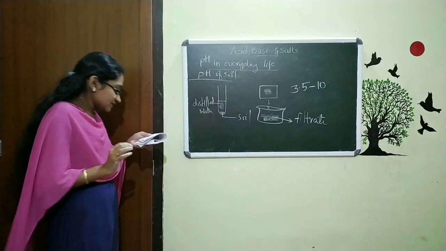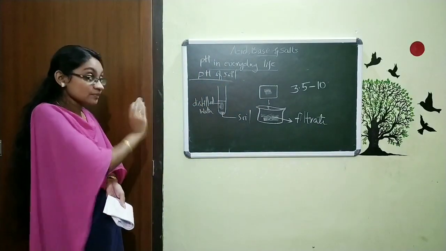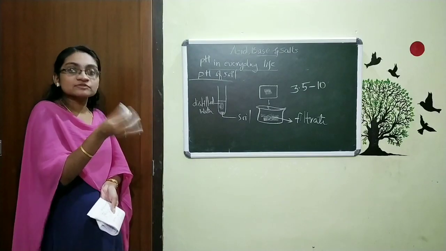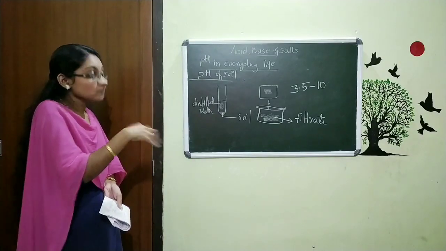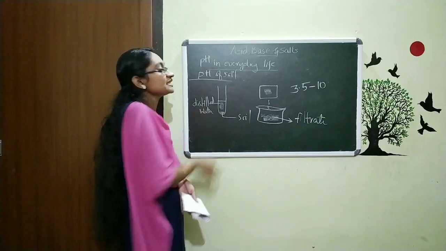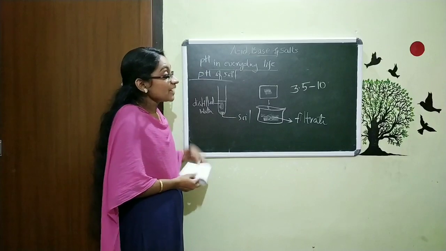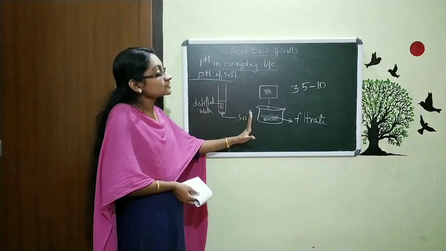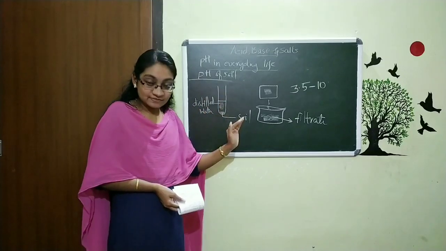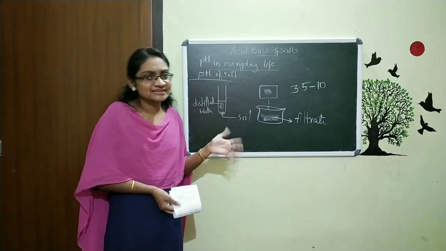So that is about this, and this is important. Some soil is not favored for some sort of cultivation or farming. At that time, we collect some soil and test the pH of the soil, and if the soil is more acidic, we want to make the acidity less by adding some basic substances.